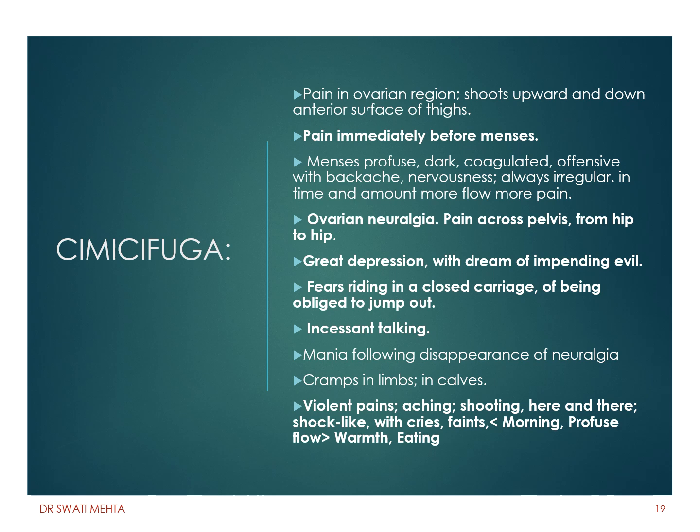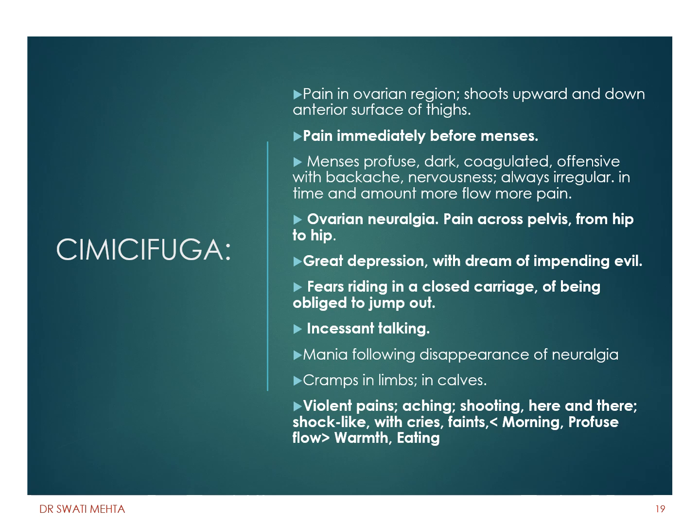Patient having great depression with dreams of impending evil, that is the peculiar symptom of Cimicifuga, where there is a fear of riding in a closed carriage or being obliged to jump out. So when the patient is riding in a closed carriage, she always tries to jump out, cannot sit. Cramps in the limbs and calf muscles, and mania following disappearance of neuralgia.